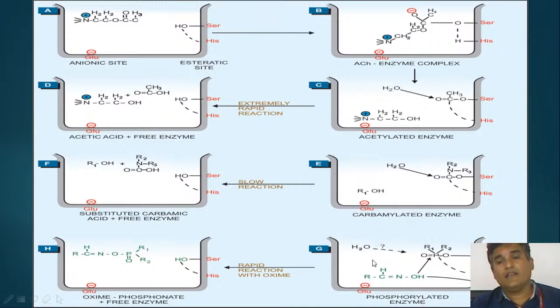At that time we prefer the compound pralidoxime, having a more electronegative group. It may attach to this phosphate and forcefully detach it from this binding site, and therefore the binding site of this enzyme gets free, and that's why pralidoxime is one of the drugs of choice in organophosphate poisoning.